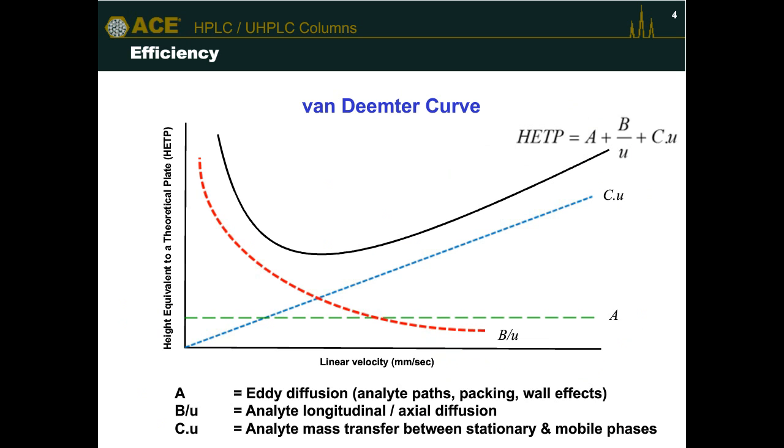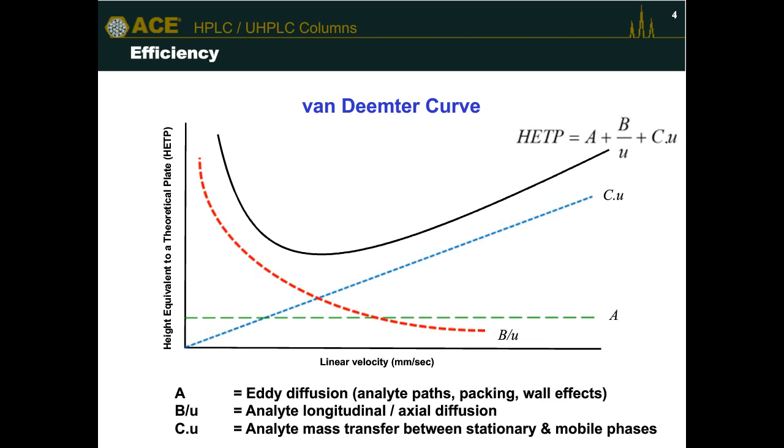And I couldn't really talk to you about solid core particles without showing a Van Deemter equation. So for those of you who are familiar with chromatographic theory, this graph describes the pathway of our analytes through a column. All of our analytes of one type will not move in exactly the same way through a column.